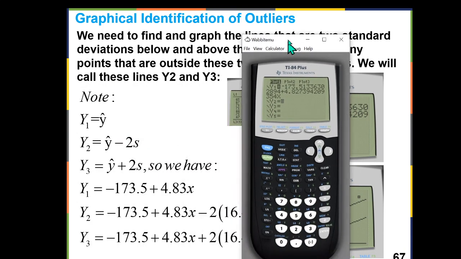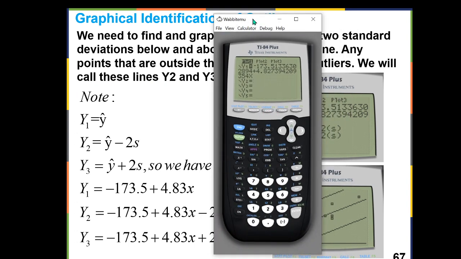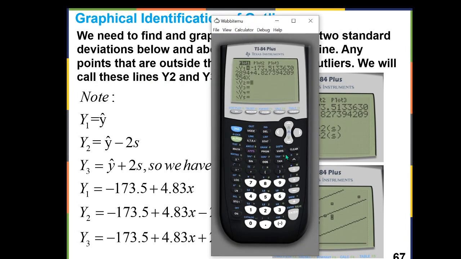Here you go. So what I do in y2 is I get y1 again from Y variables, y1, and then minus 2 times s. Where do I get s from? Well, s is under variables too. So you go to, where is it? Well, under statistics.